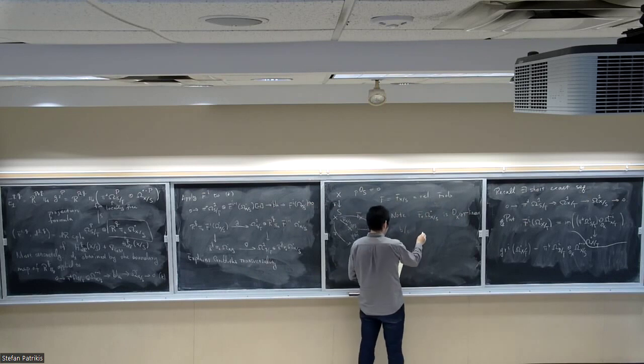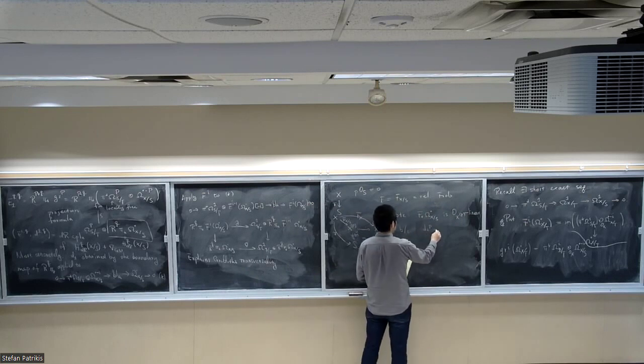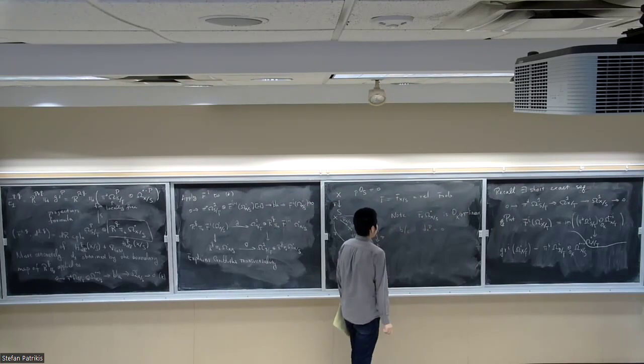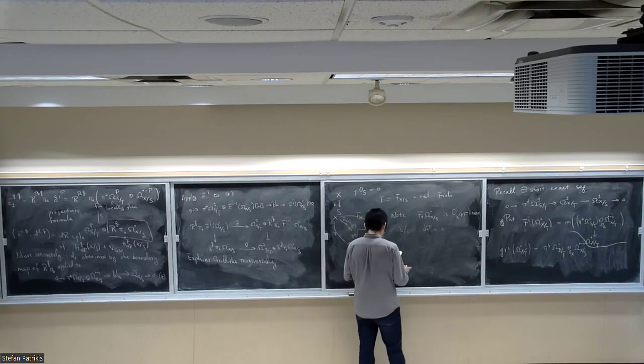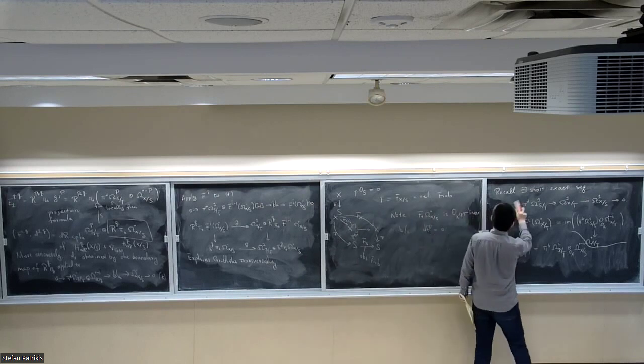because dx to the power of p is equal to, let me write this. Okay, so now let me state the Cartier isomorphism.